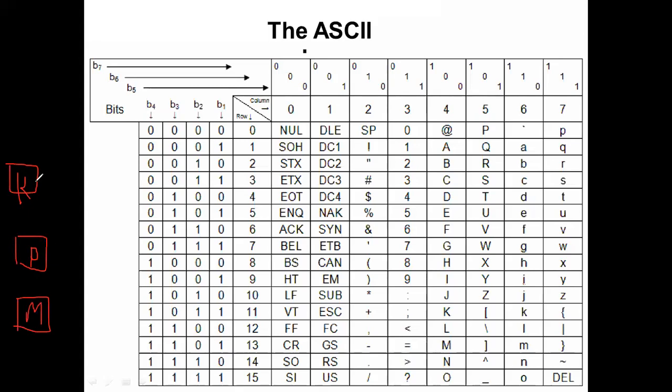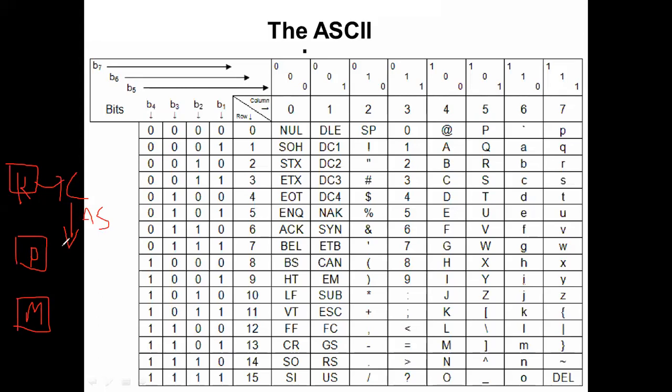From this keyboard, we are giving the letters. That means we are pressing any key on the keyboard. Suppose you are pressing the C letter on the keyboard, then the equivalent ASCII code will be generated and given to the processor.